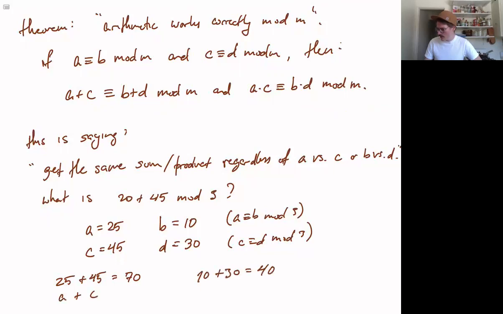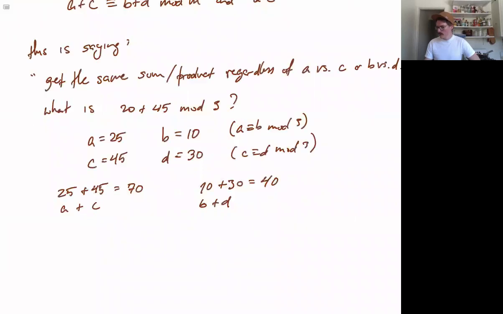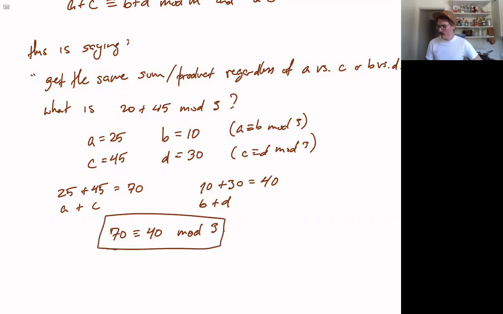It's 40. So the upshot is that these are different numbers, but they are congruent mod 3. So arithmetic still works in this sense, that you get the same sum as long as you consider the sum mod 3.